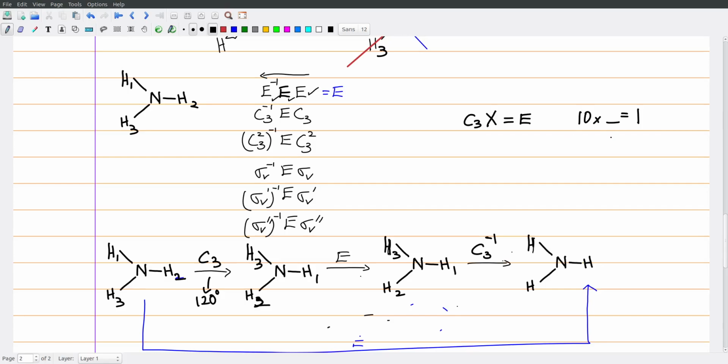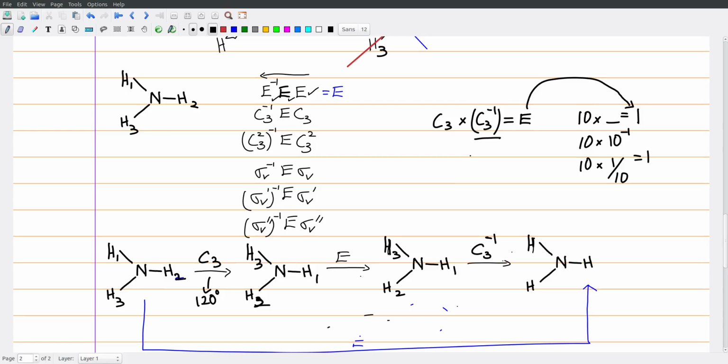You will immediately notice that if I multiply 10 with 10 inverse, or 10 into 1 by 10, it should be equal to 1, right? In a similar way, when I take C3 and multiply it with its inverse, I should get E, because E, I said, is very similar to 1 in your math. Now I don't know what the C3 inverse is. How do I find it?